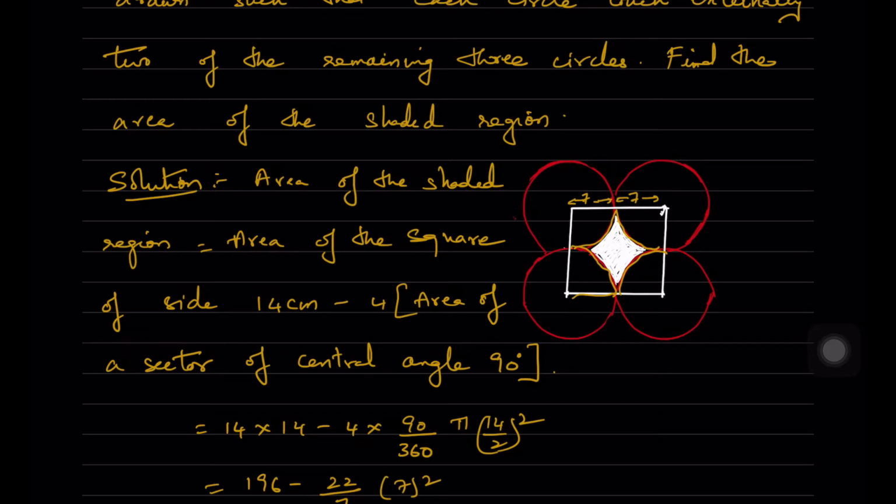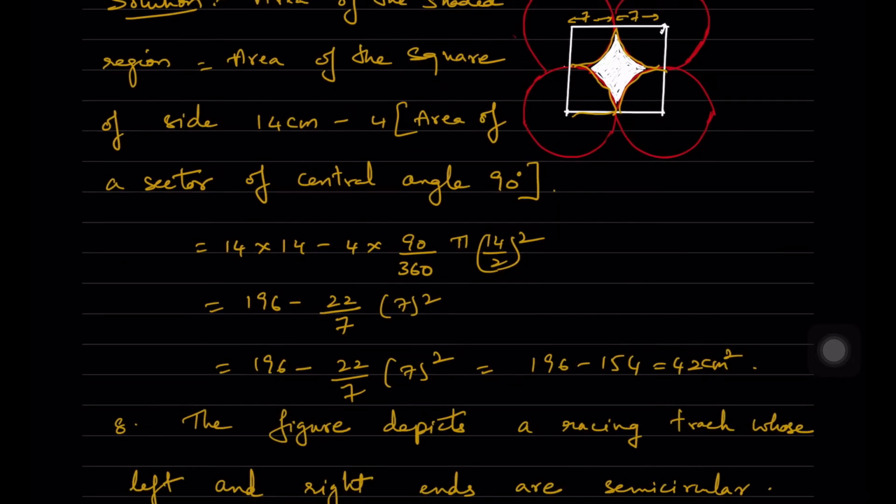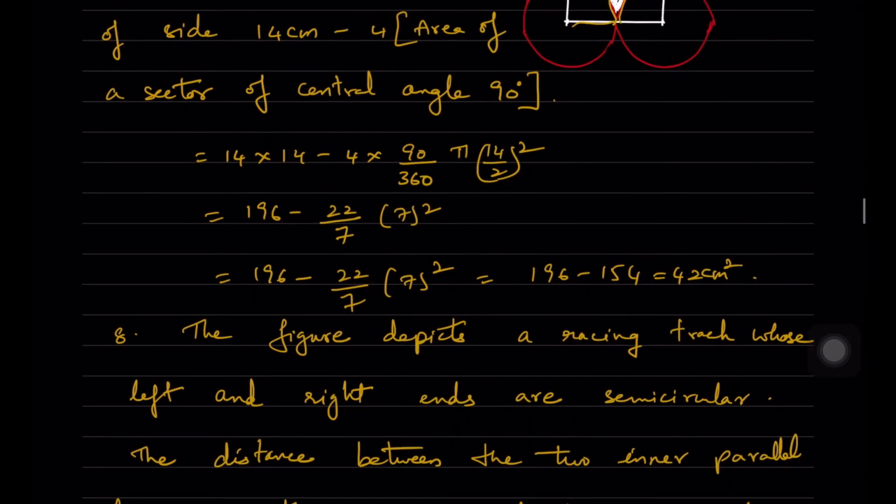So the area of the shaded region is equal to the area of the square minus 4 sectors, which is 4 into 90 by 360 into pi r square, that is pi into 7 square. So getting 196 minus 154, which is equal to 42 centimeters square.